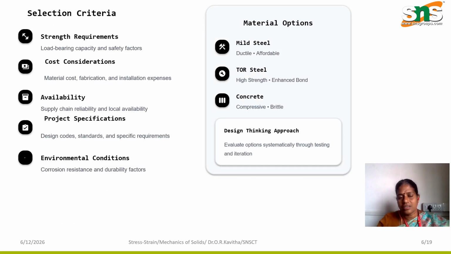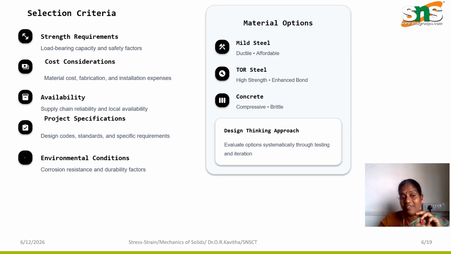For the selection of the material, there are different criteria. The first one is the strength criteria: we have to understand the load carrying capacity of the material, and the safety factors are very important. The next one is cost while manufacturing, fabrication and installation.